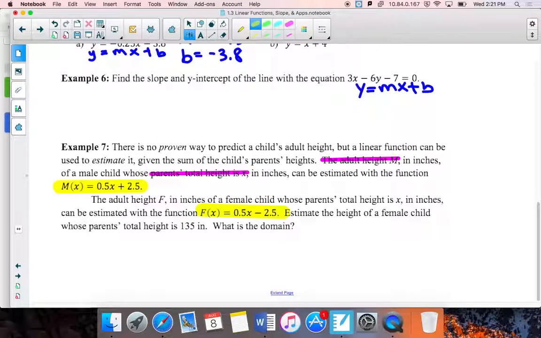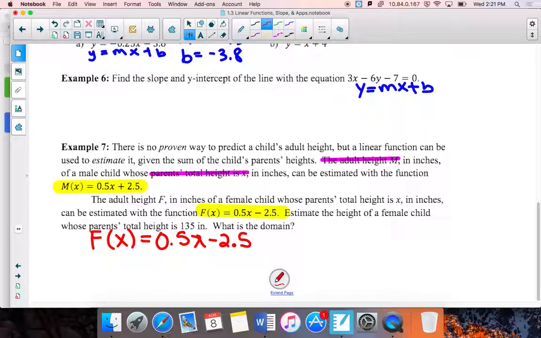So we're going to use the female instead of the male, so we're going to use the second equation down here, female height. And remember that x is representing the total parents' height. Well, we know the total parents' height is 135, so we're just going to be plugging in that 135 for x, use your calculator, simplify that, and you're going to get 65 for your answer.